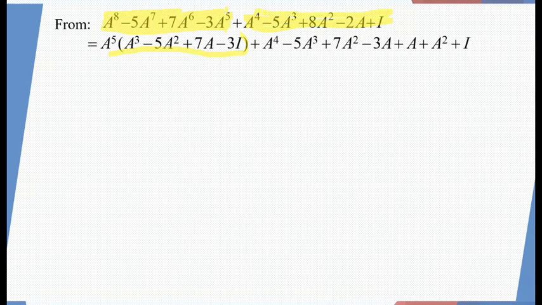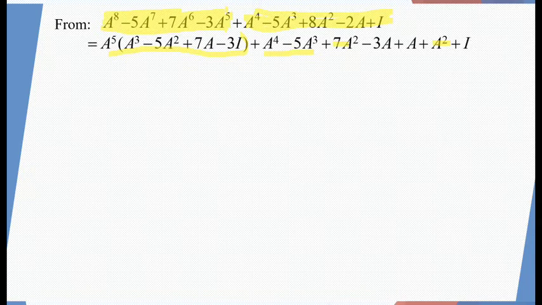So A raised to power 4 minus 5A cube is okay. These two are okay. Now this is 8A square, but we required 7A square. So we can write it as 7A square plus A square. And similarly this is minus 2A, but we required minus 3A.